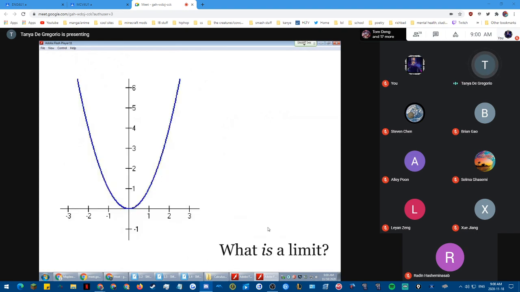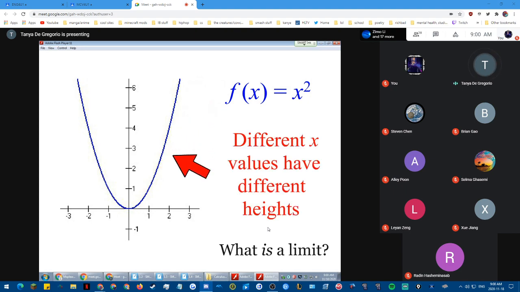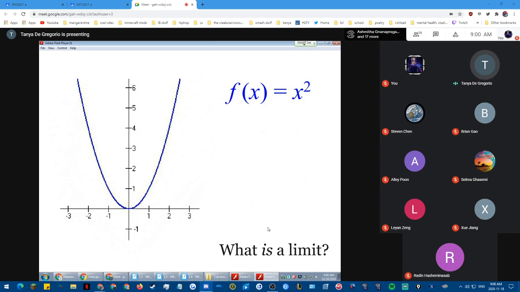Let's start by looking at a very simple function graph. What I have here is the function f of x equals x squared, basic parabola. You'll notice that the function changes height all throughout its domain. That's a very fancy way of saying that the function reaches many different heights based on whatever the x value you're looking at happens to be. For example, what if I look at the function height that corresponds to x equals 2?